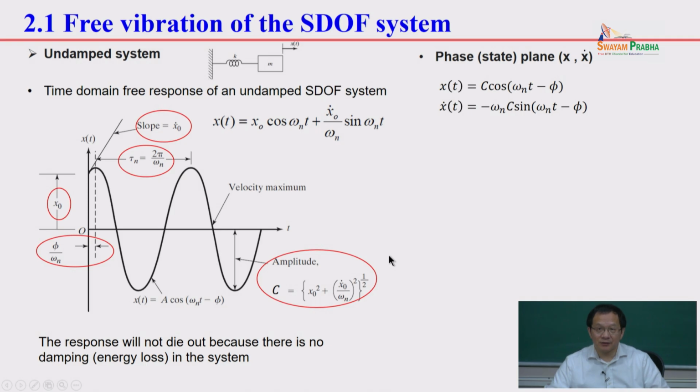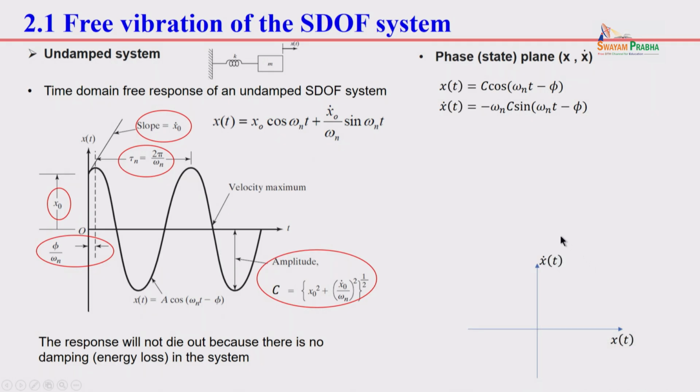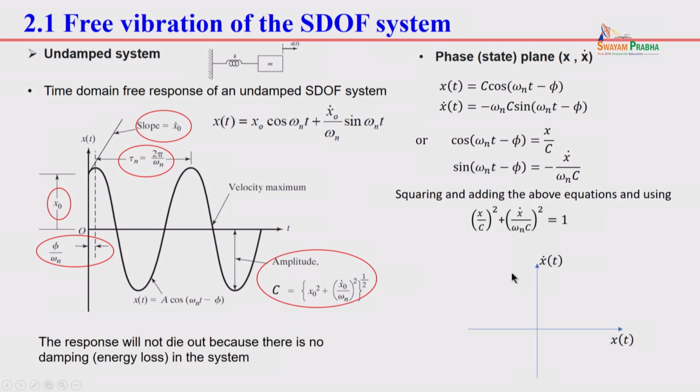Okay, so that is the time domain. Another is the phase plane. In the phase plane, you have displacement and velocity, right? You plot these and you get an ellipse. You normalize x by the amplitude and the velocity by C times omega n, so overall it will look like a circle.